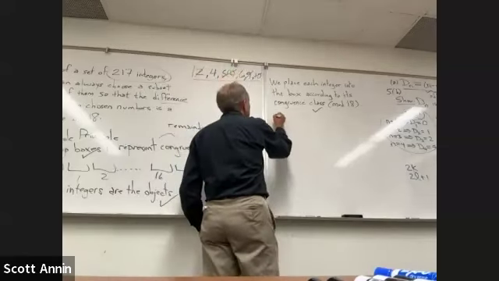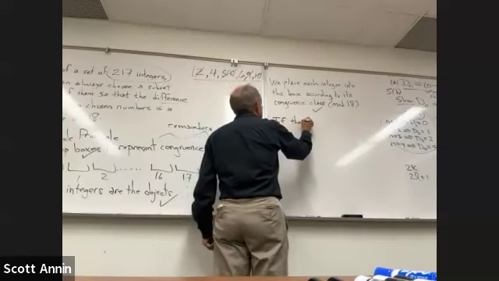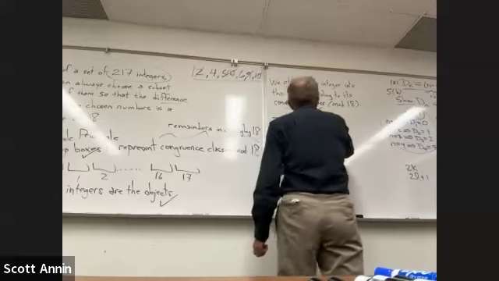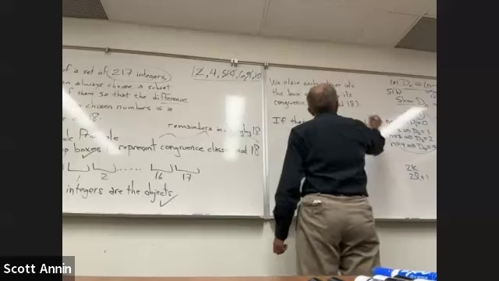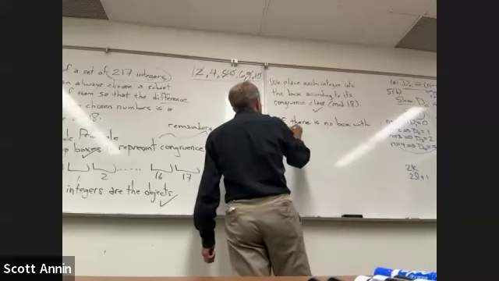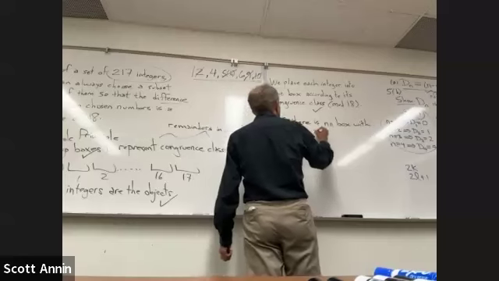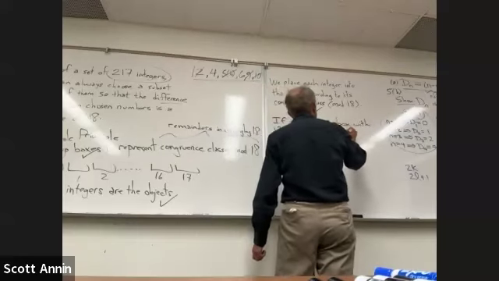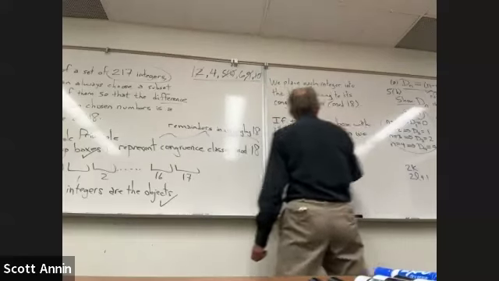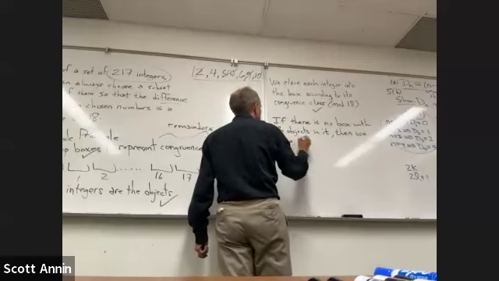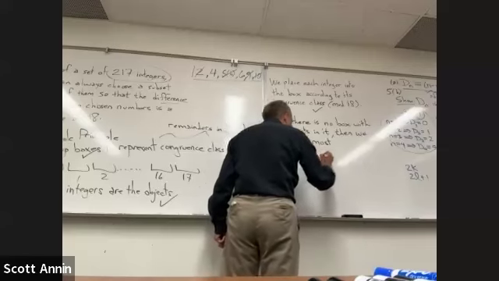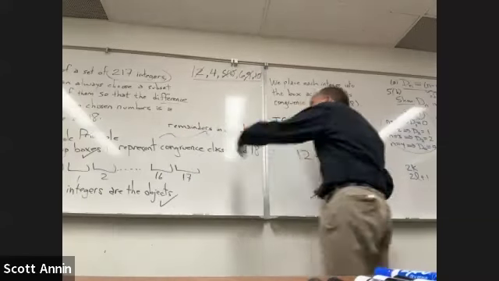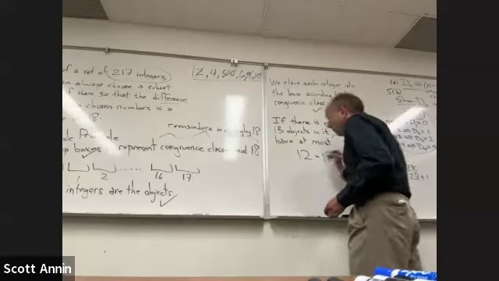So which is kind of a worst case scenario, if there is no box with 13 objects in it, then we have at most 12 objects times however many boxes we have, which is 18.